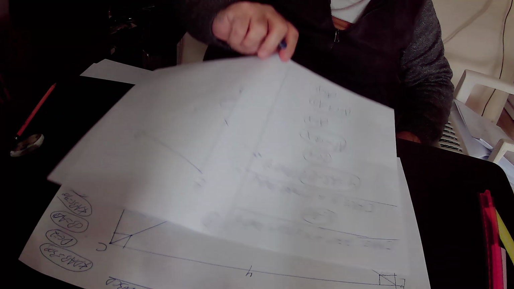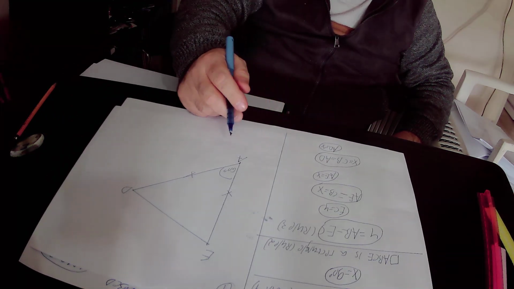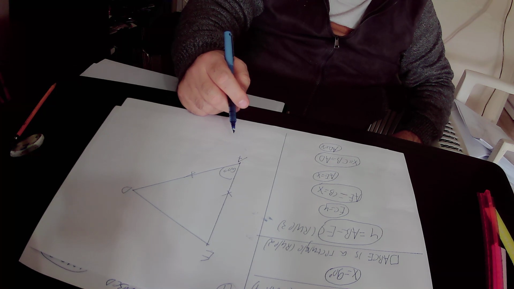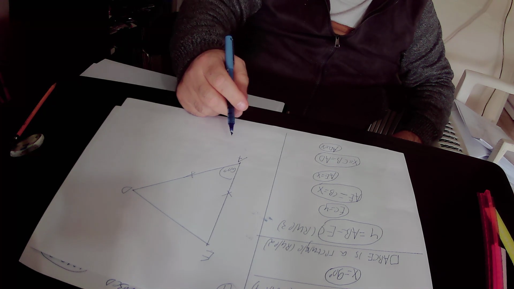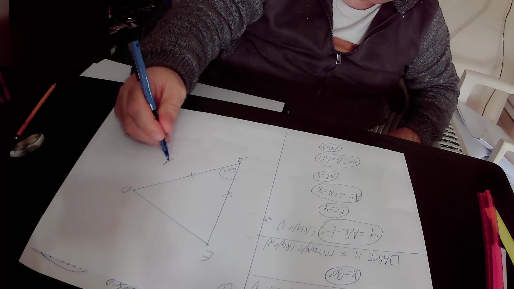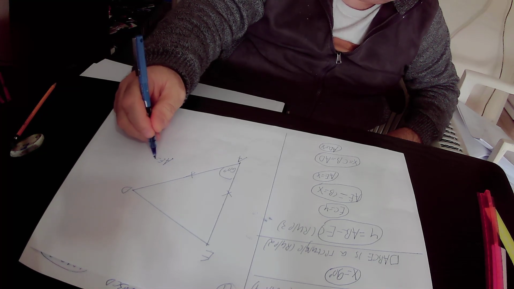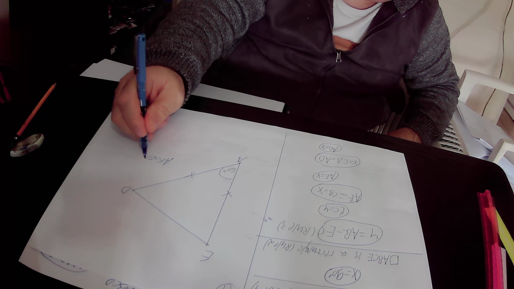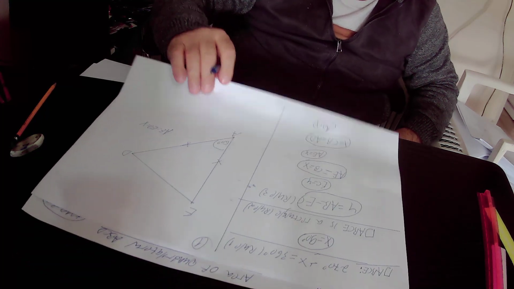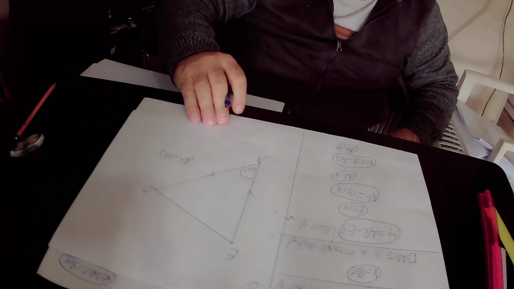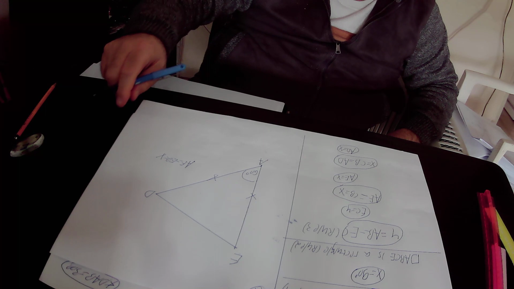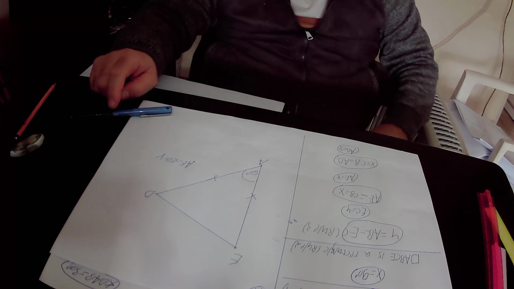So I copied triangle AED to this page from the original drawing. So we found out that AE equals ED, that equals x, and we have the rule that in front of equal sides in the triangle there are equal angles.